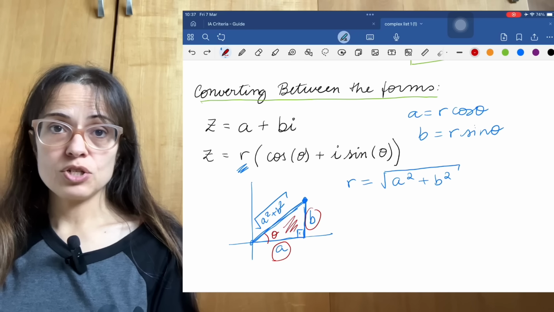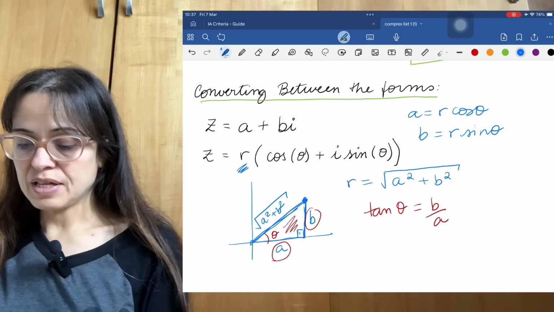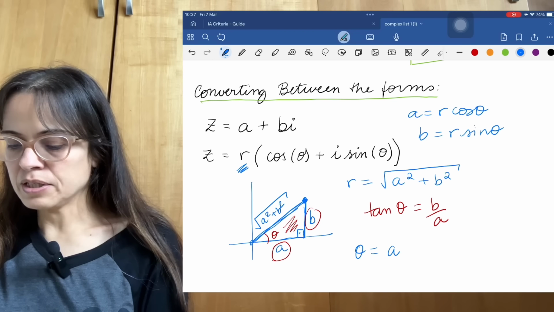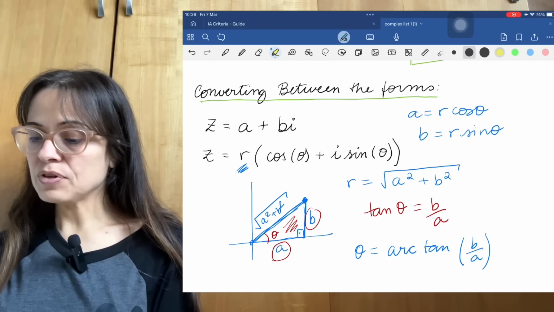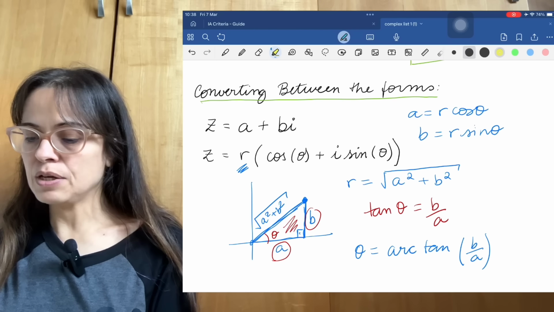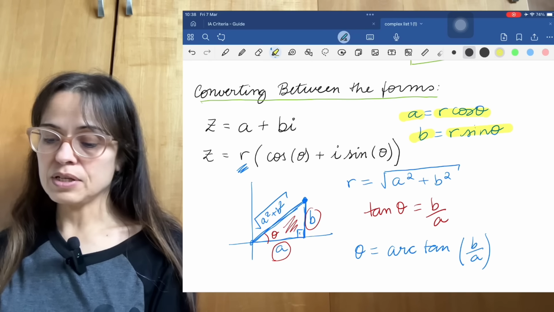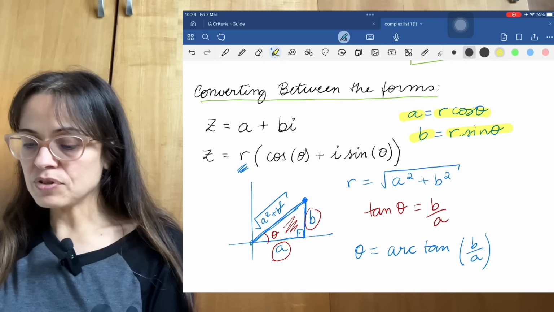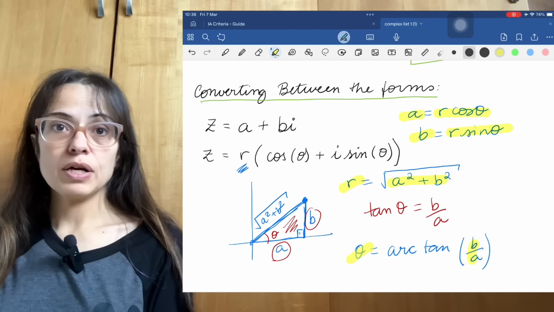It's tangent, right? So the tangent of theta is B over A, which means that theta is the arctangent of B over A. So there you have it. If you have a number in the polar form, you can convert it to Cartesian form like this. And if you have it in Cartesian form, you can convert it into polar form by using this.